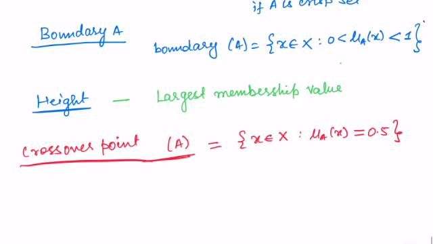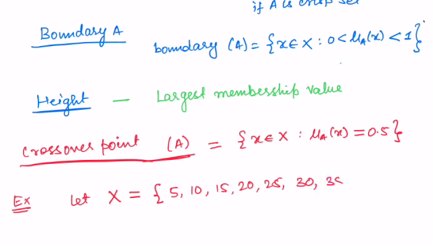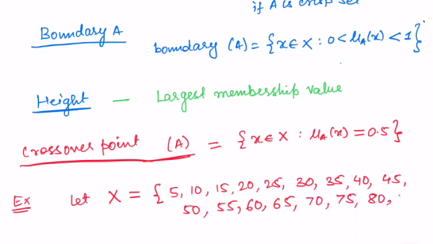Let us consider an example. Let us take the universal set X, with values 5, 10, 15, 20, 25, 30, 35, 40, 45, 50, 55, 60, 65, 70, 75, 80, 85, and let us move to 90.